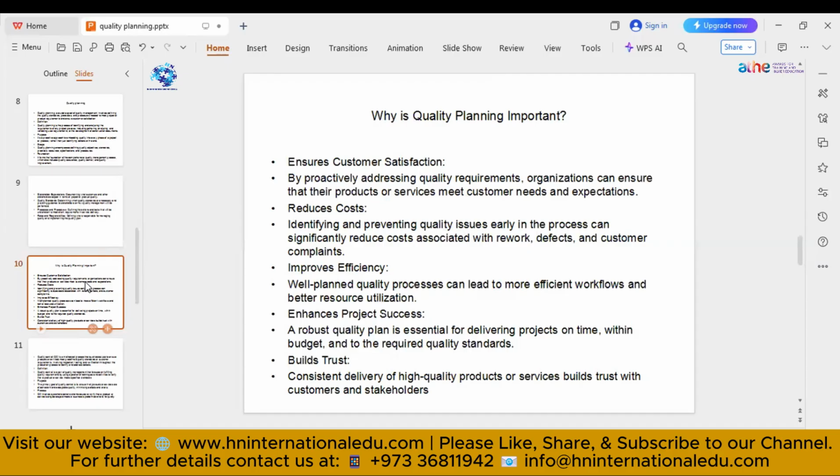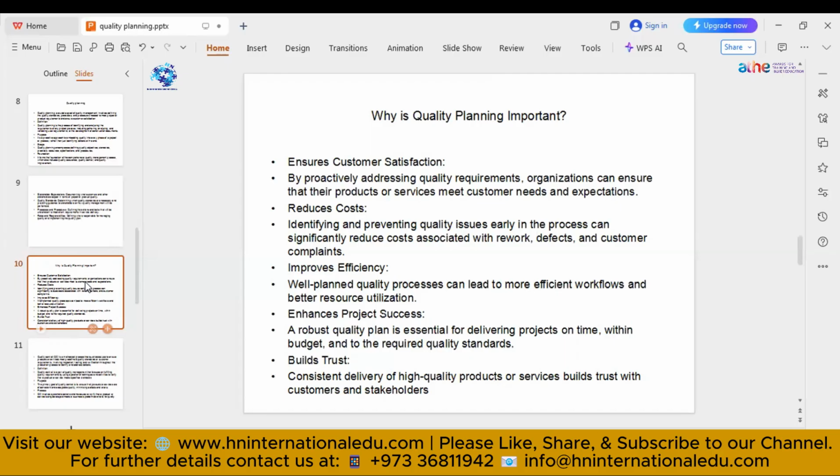Improves efficiency: well planned quality processes can lead to more efficient workflows and better resource utilization. Enhances project success: a robust quality plan is essential for delivering projects on time, within budget, and to the required quality standards. Builds trust: consistent delivery of high quality products or services builds trust with customers and stakeholders.